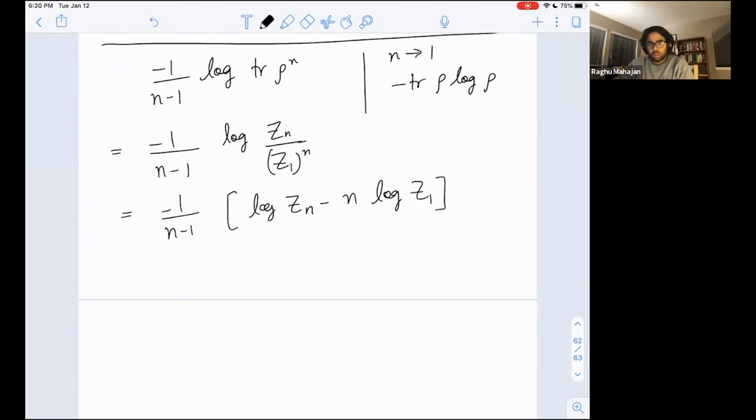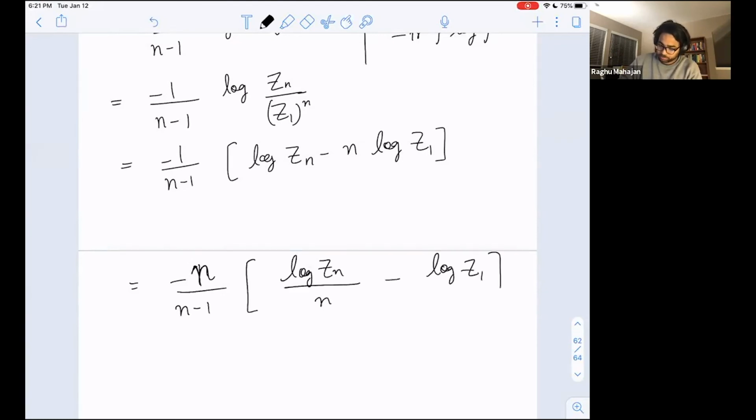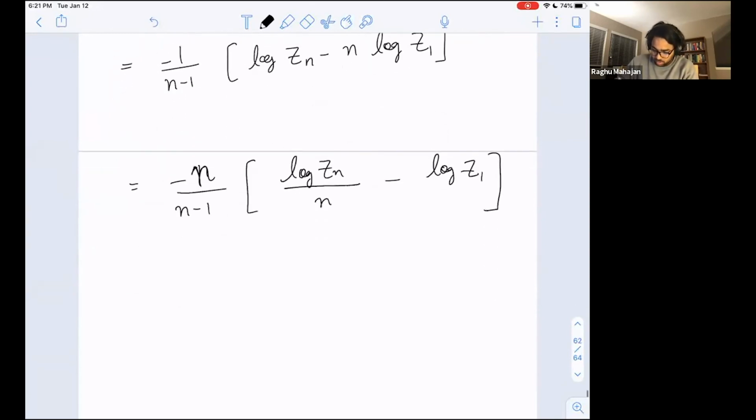And because there is a Zn symmetry, the first term is also n times something, so I'm just going to write this as log of Zn divided by n minus log of Z1. And this object, I'm just going to draw it like 4 ways now.